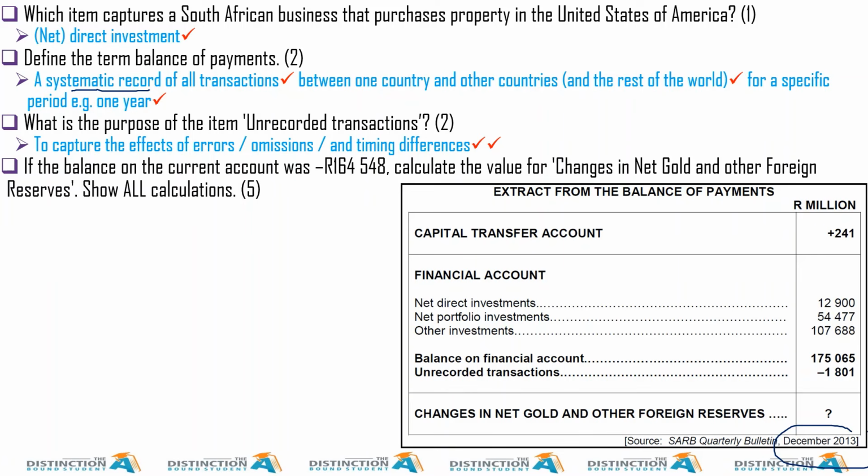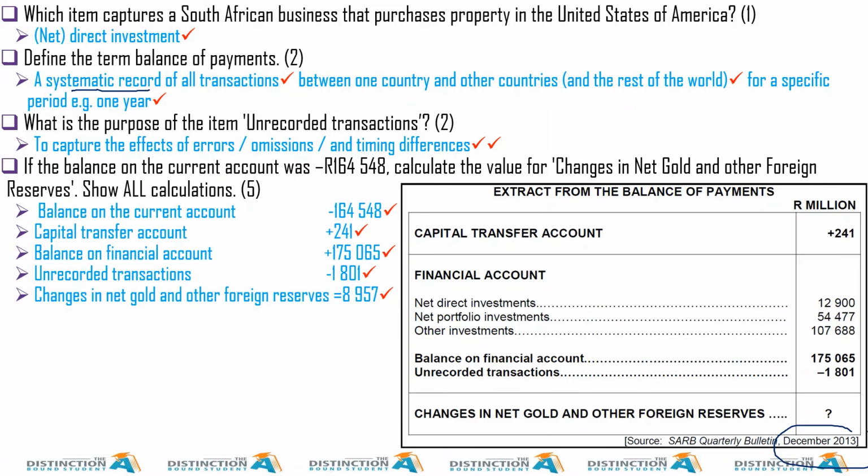If the balance on the current account was 164,548, calculate the value for change in net gold and other foreign reserves, and show all calculations. All right, this is how you do it. Balance on the current account would be 164, and then the capital transfer account, there it is here.